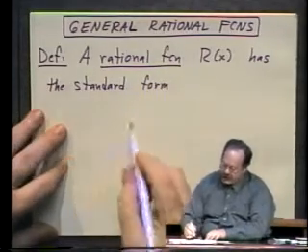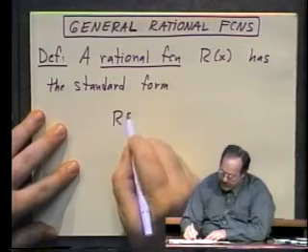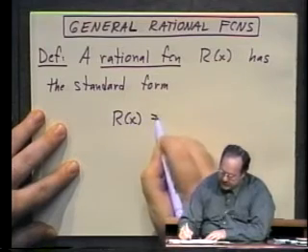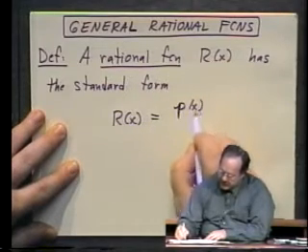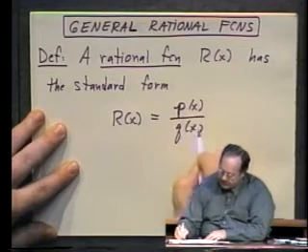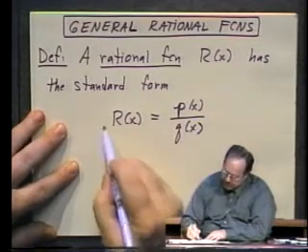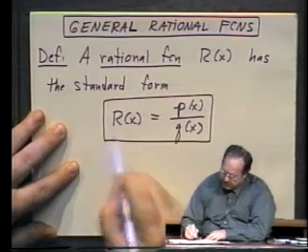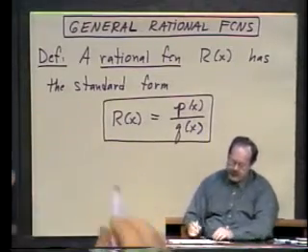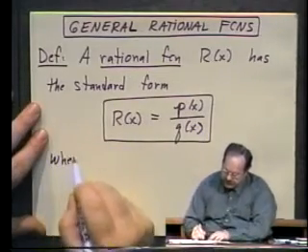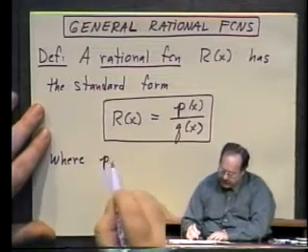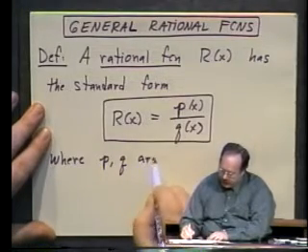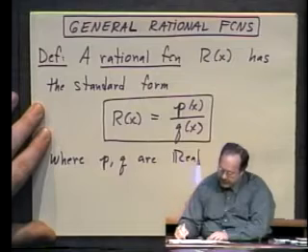That will help us analyze them later. R of x will be written as P of x over Q of x. And I'll refine the forms of P of x and Q of x a little later, where P and Q are real polynomial functions.